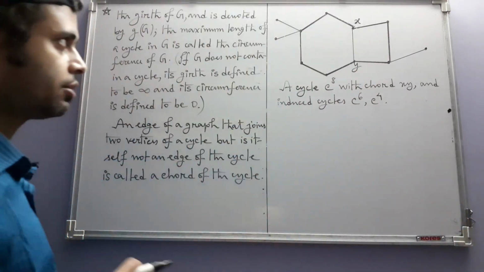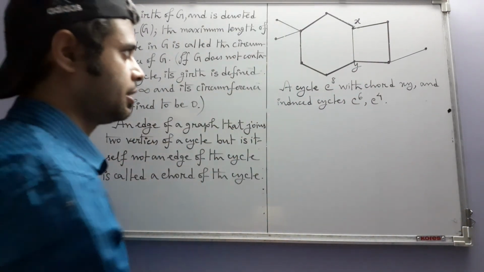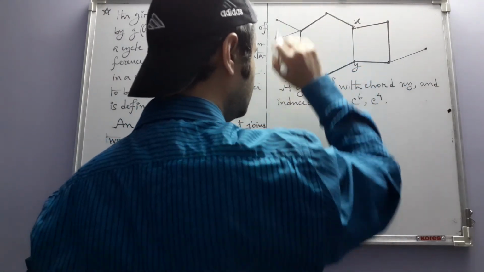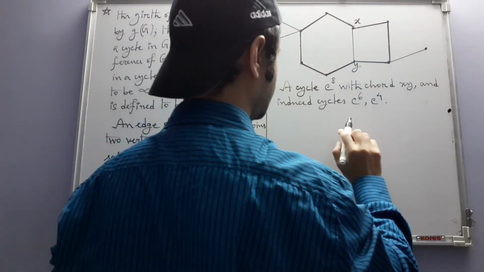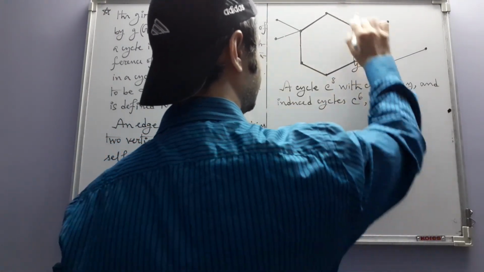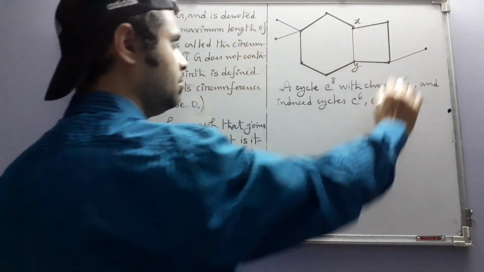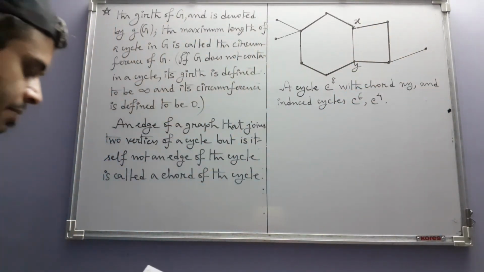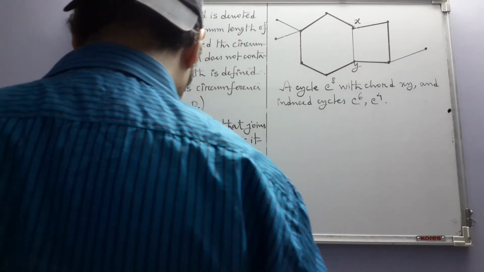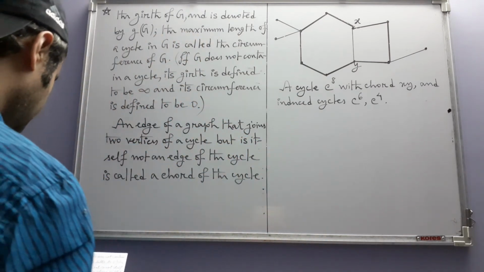The graph also has two induced cycles, that is, induced subgraphs which are themselves cycles. This is C6 and this is C4. Okay, so we can continue writing here.